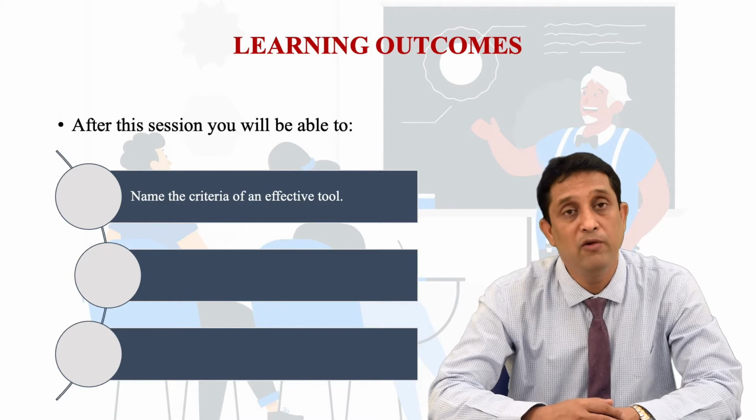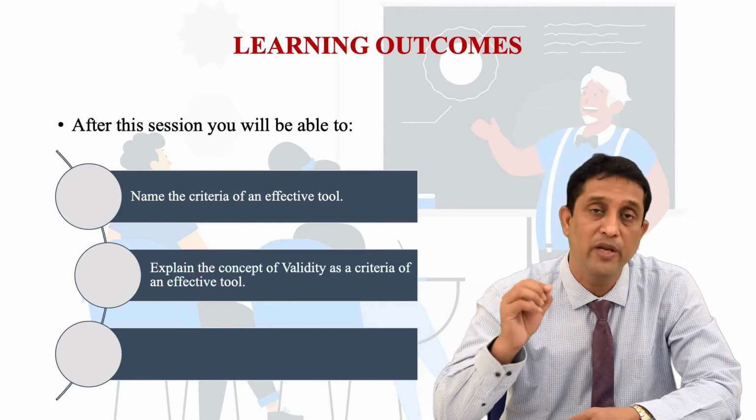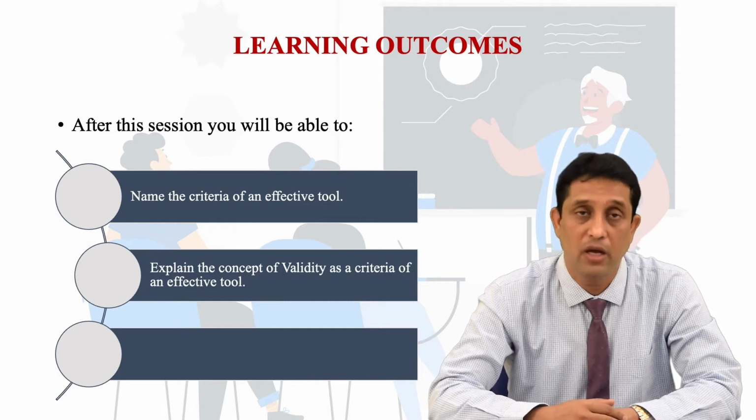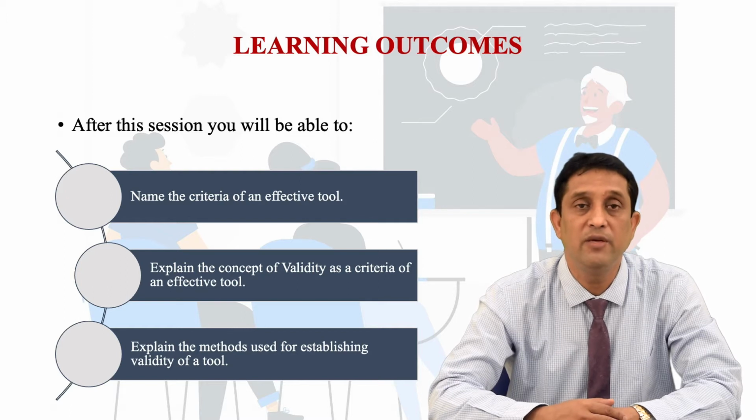Further, you will be able to explain the concept of validity as a criteria of an effective tool, and you will be able to explain the methods used for establishing validity of a tool. So our concern is to understand the concept of validity first, and then we will analyze different methods that we can use for establishing validity of a tool.